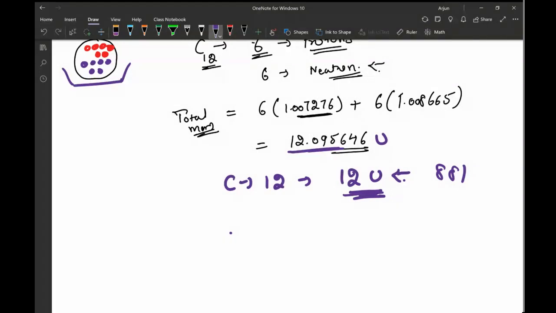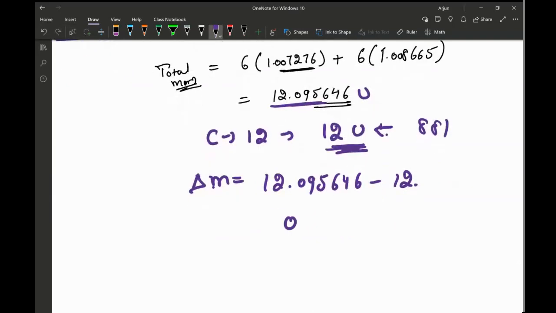Now how much mass is lost? Delta M value will be equal to 12.095646 minus 12, and that's going to come out to be 0.095646. Notice, if you see the book, my number is a little different from the book.